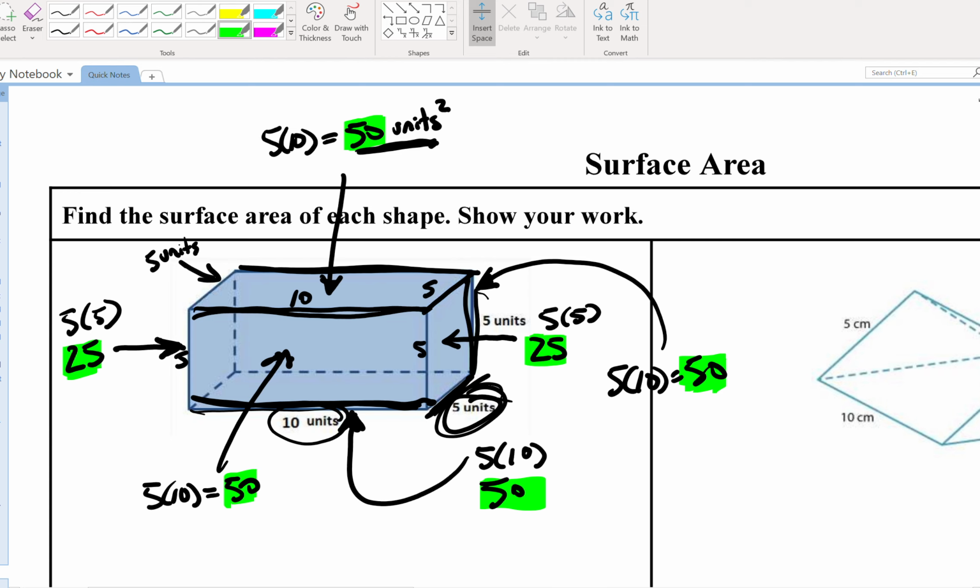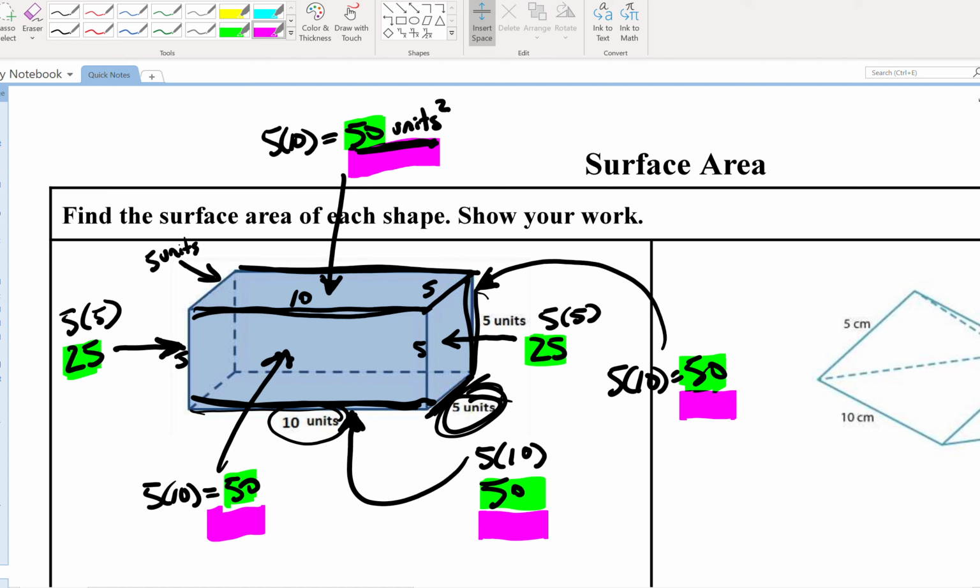All right, so let's see here, just counting really quick. There's 1, 2, 3, 4, 5, 6. Yeah, that's what we've got. Now, I'm going to highlight these again and count up how many I have. How many of these that are 50 do I have? I've got 1, 2, 3, 4.